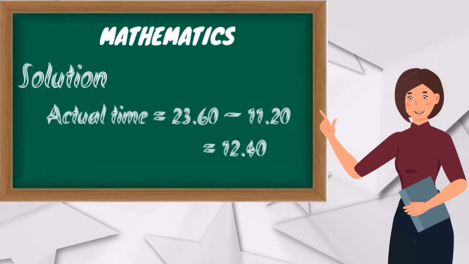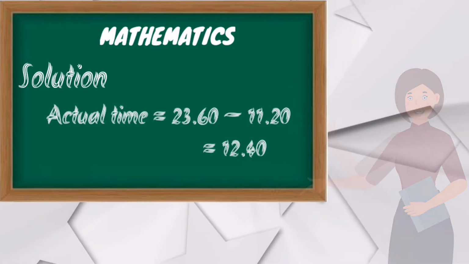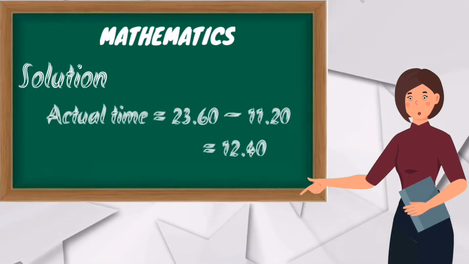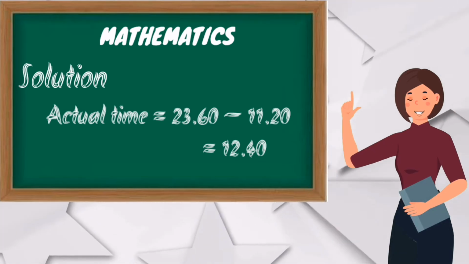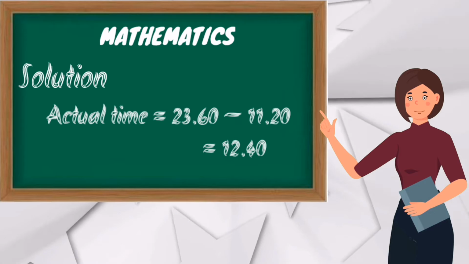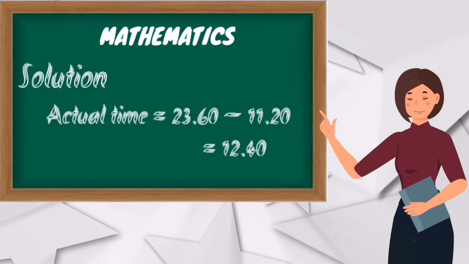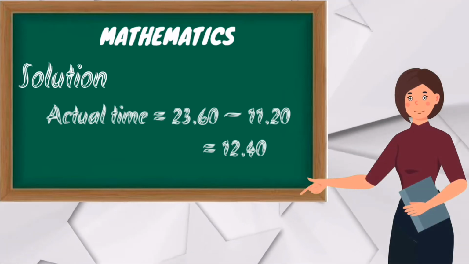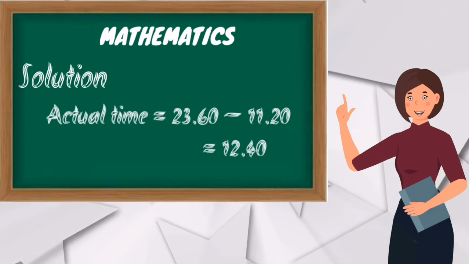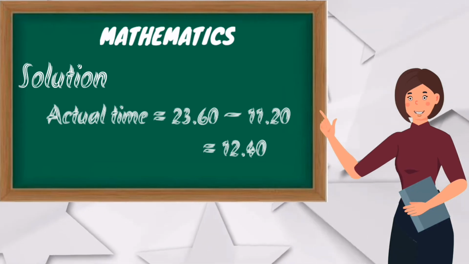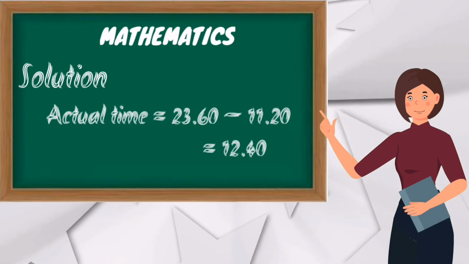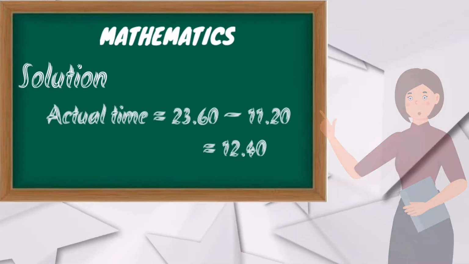So just a simple subtraction. Subtract 11:20 from 11:60 and we will get the actual time. So actual time will be equal to 11:60 minus 11:20, that will be equal to 00:40. Now 00 hours represents 12 hours. We all know that. So our answer is 12:40. So our correct answer is option C, 12:40.